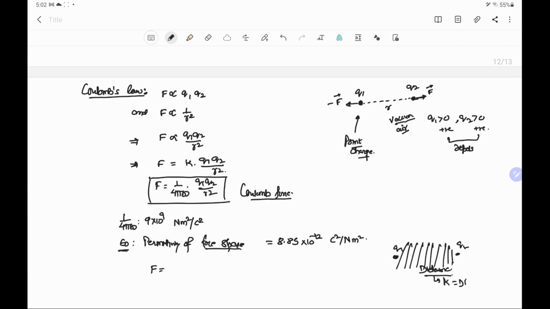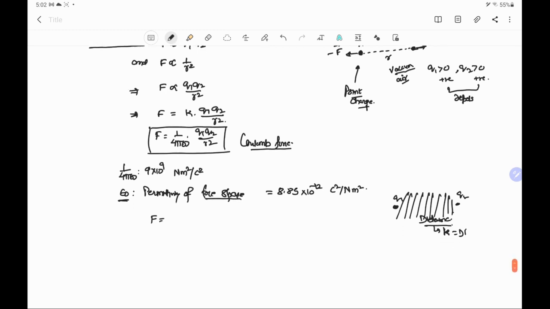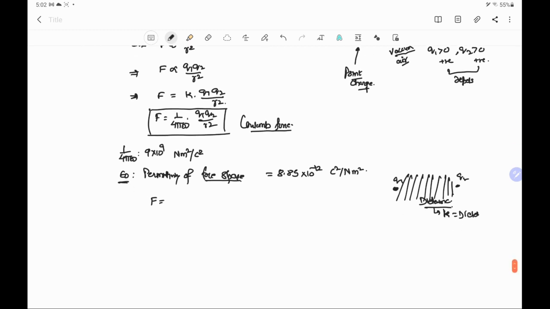We can represent it with a small k. So in that case, the force between the two charges when there is a dielectric medium in between is 1 by 4 pi epsilon naught K into Q1 Q2 by R square.